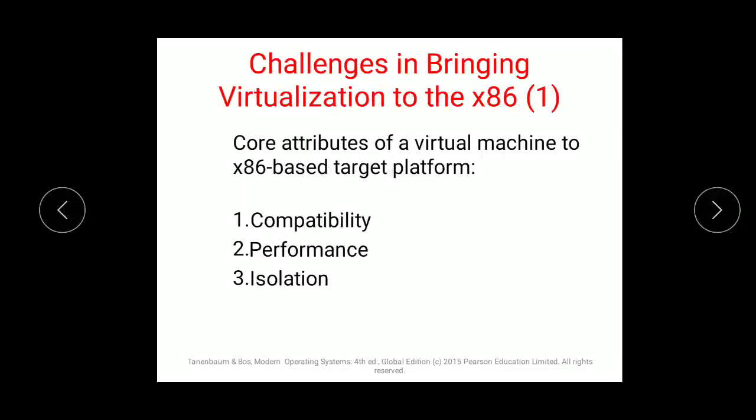And isolation: virtualization actually means isolation, that is we are creating a separate set of values for a particular hardware so that we can work on it, and that is dependent on isolation. So these were the three attributes on which the virtual machine was targeted to the x86 hardware.